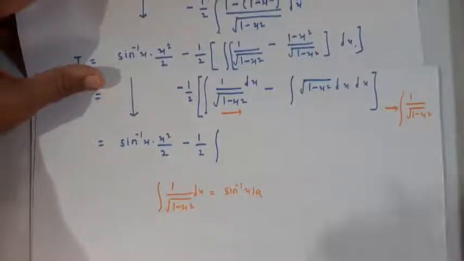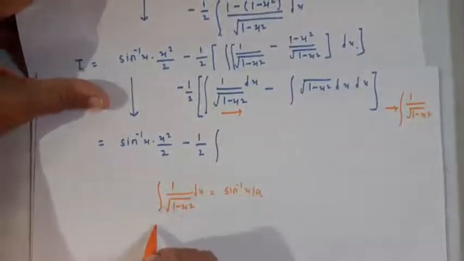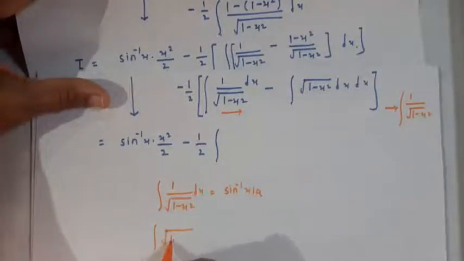Okay students, and this is the second term: integration of square root of 1 minus x square with respect to x.